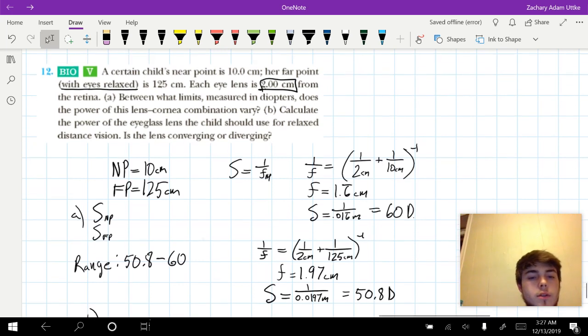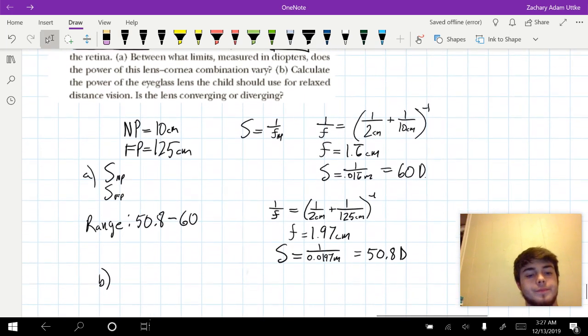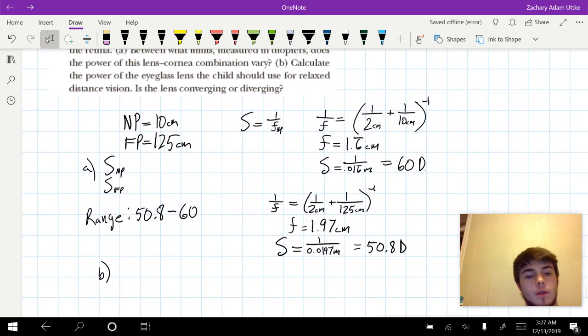Okay, so this comes back to this point here. So with eyes relaxed, vision means you're looking far away. Okay, so you want to see objects at infinity.